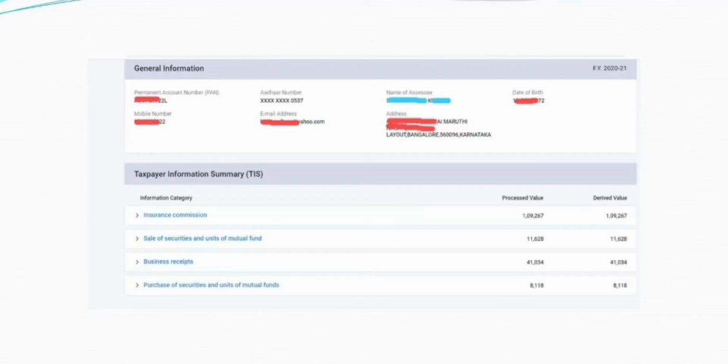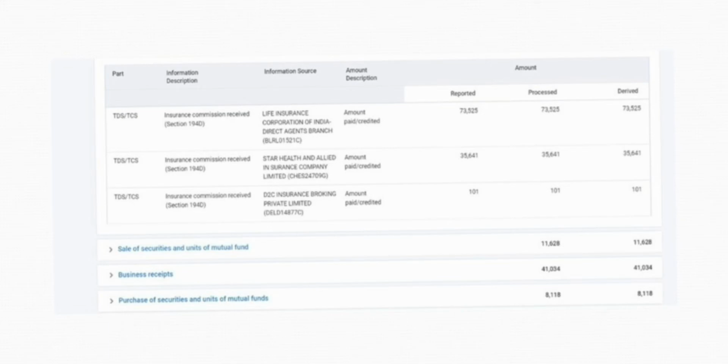This is another example I am showing you: insurance commission, sale of securities and units of mutual fund, business receipts, purchase of securities and units of mutual fund, and so on. This is again from TIS, and if you go deep into that, you will find from which company or bank the commission or business receipt came, and you can dig into the particular information and get the base source of the income on which tax is being deducted or which you just earned.